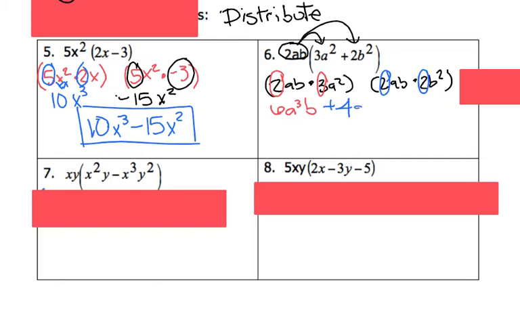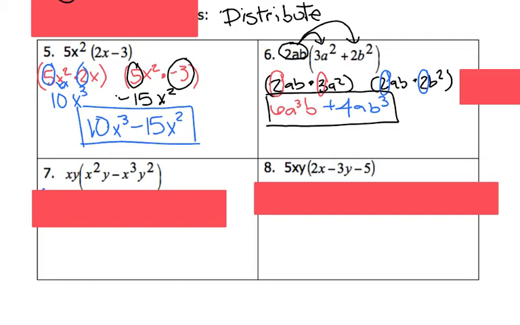I only have 1A, but I do have B, and then B squared is 2B's, so that's a total of 3B's, and that goes there. Notice I cannot combine those because they are not like terms, so that would be the whole answer.